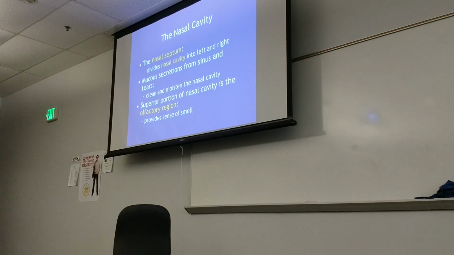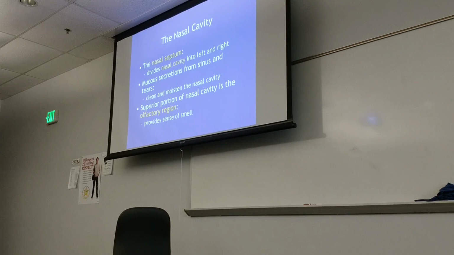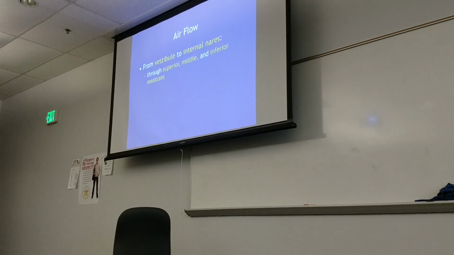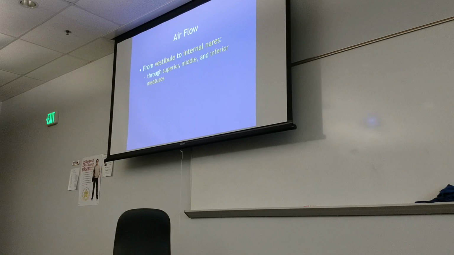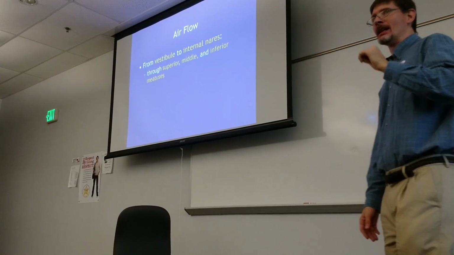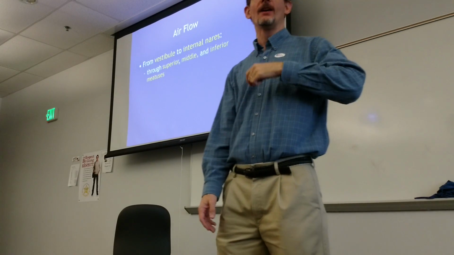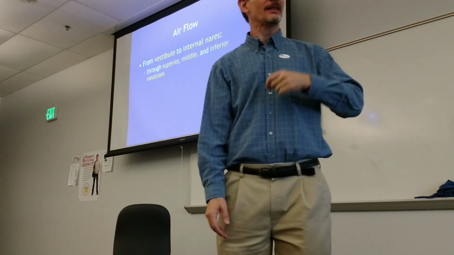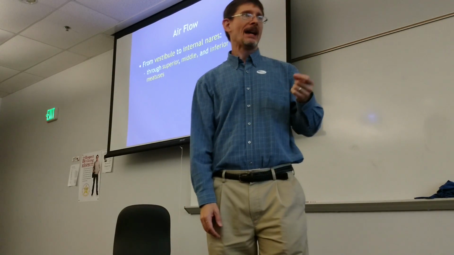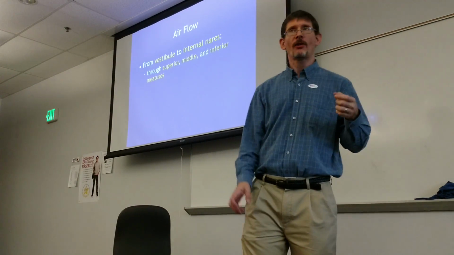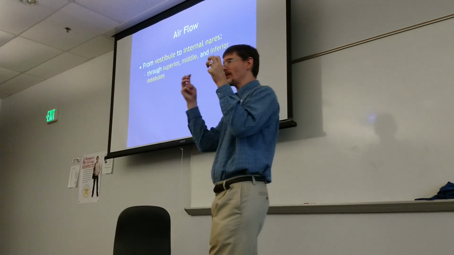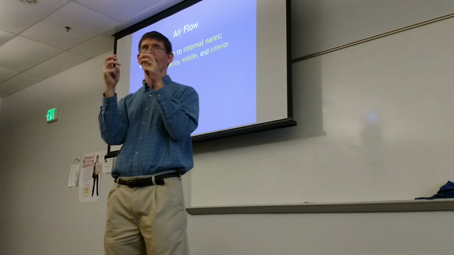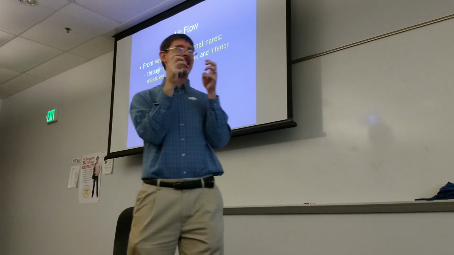Now, the idea with that cavity is to further enhance the amount of mucosa and therefore the amount of mucus that is being produced. We actually see that there are these 3 bony extensions. You may also remember that from looking in the skull. These are called the conchae.